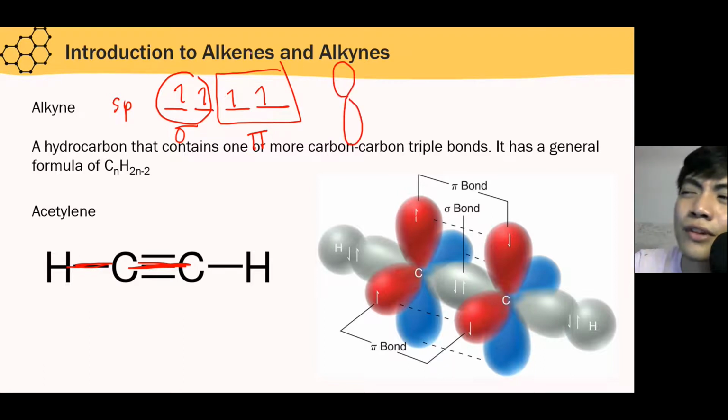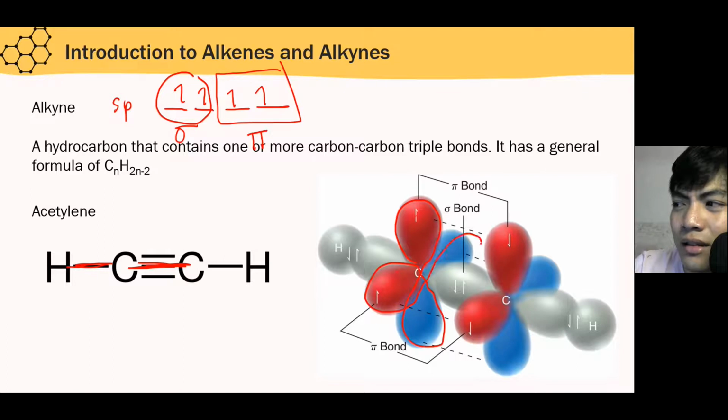However, how many dumbbells will you have if you have two pi electrons? You will have two dumbbells. That's why the picture here for this carbon shows the two dumbbells. This is the first dumbbell and this is the second dumbbell. This one is one of the pi electrons, this one is one of the pi electrons.